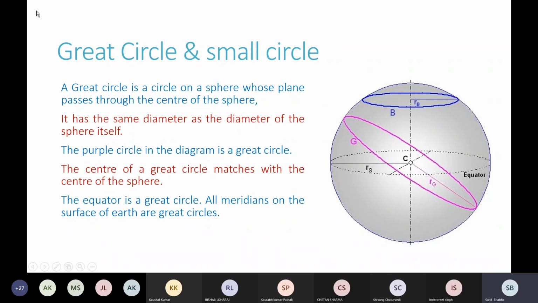So two points which are diametrically opposite, infinite great circles can pass through them. And if we have two positions which are not diametrically opposite, there will be one and only one great circle which will pass through both those points.